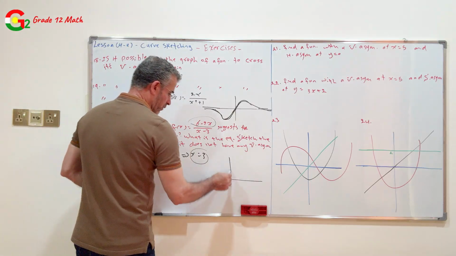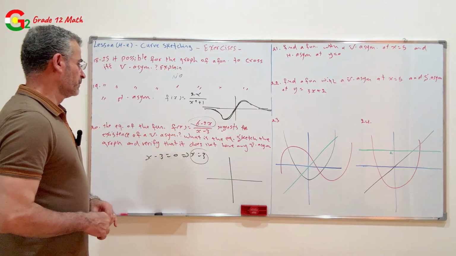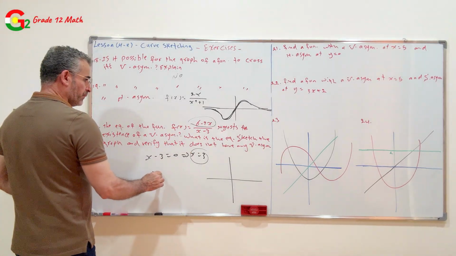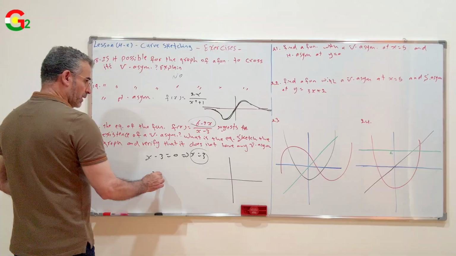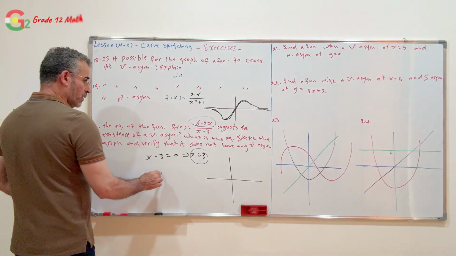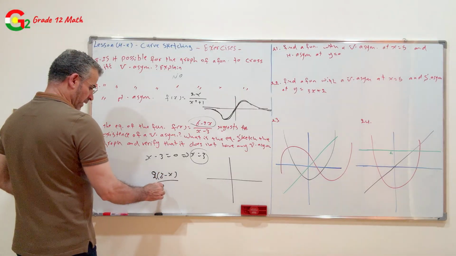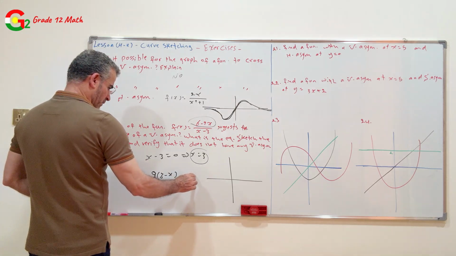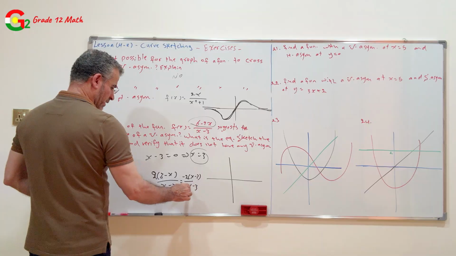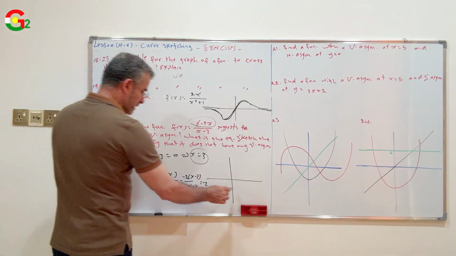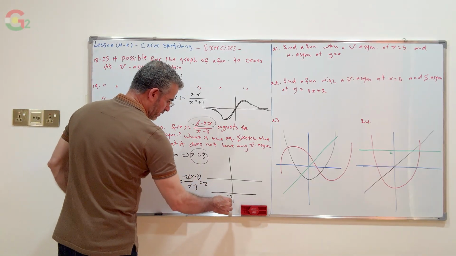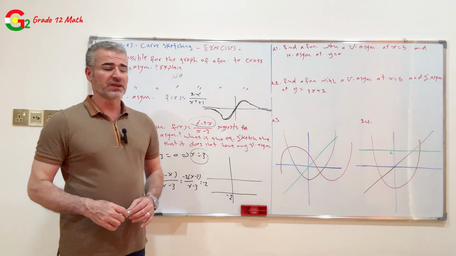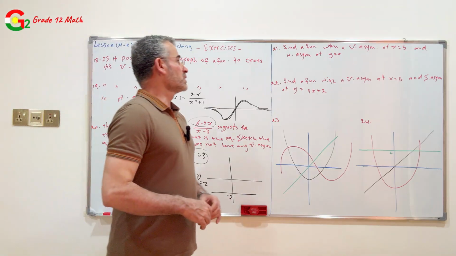If we want to graph this function, we simplify by factoring out 2: 2 times 3 minus x over x minus 3 equals negative 2 times x minus 3 over x minus 3. Then the graph of the function is a horizontal line parallel to the x-axis, intersecting the y-axis at negative 2.